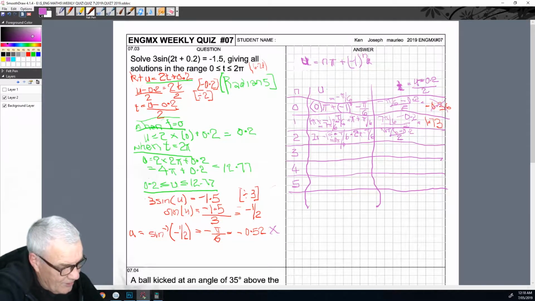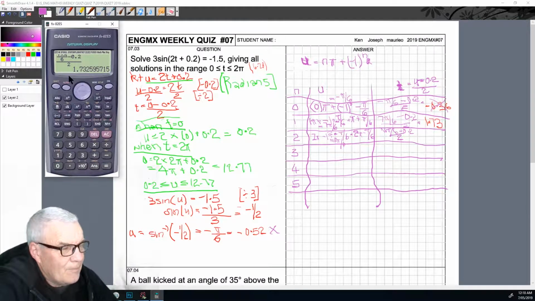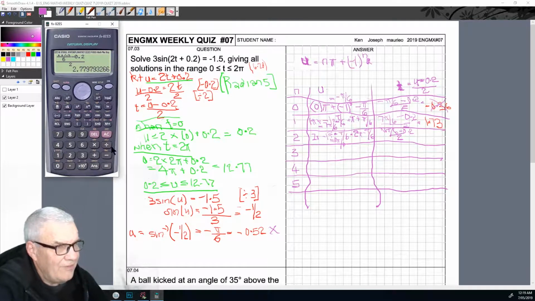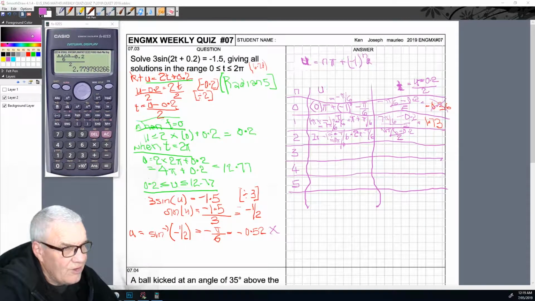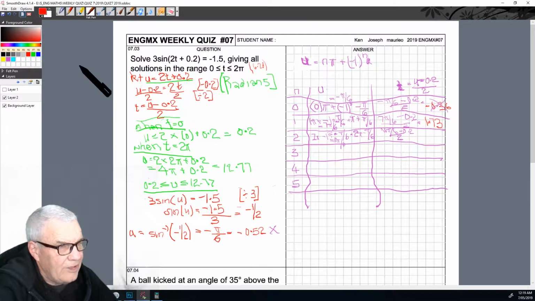And if we go back to our calculator, yes, we should be able to change that there to 11 and push equals, and that should give us 2.78. Okay, so that's going to be the red one here.